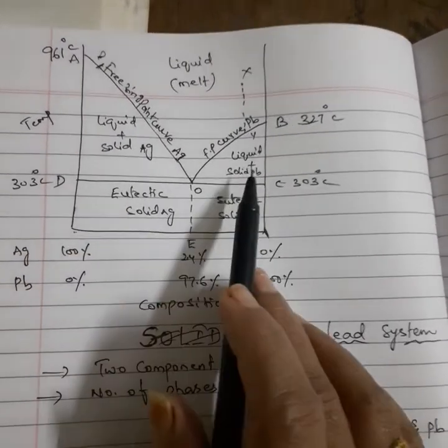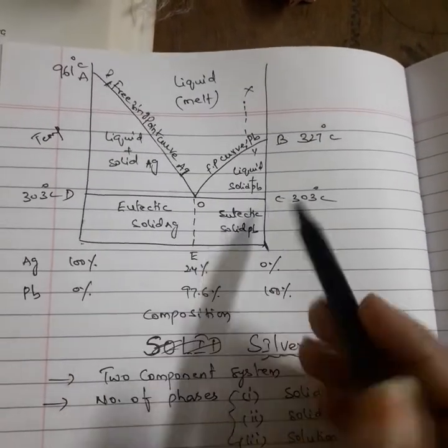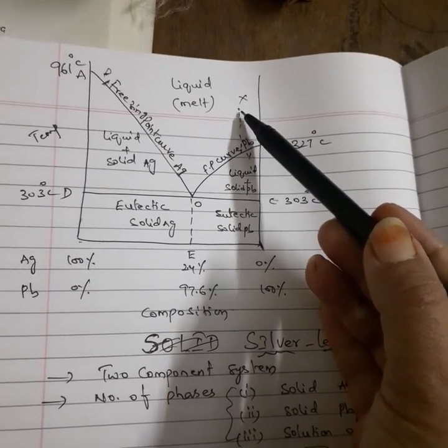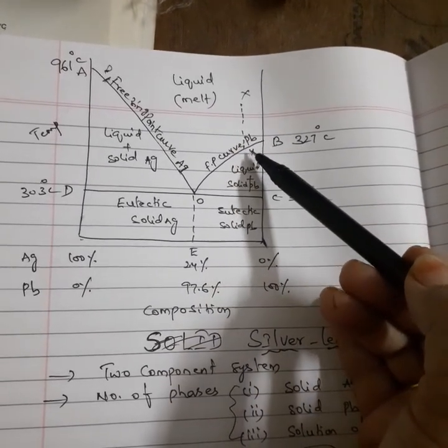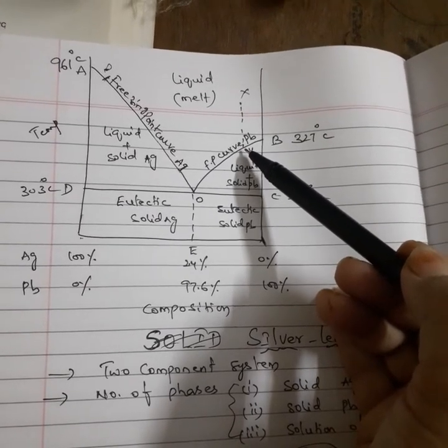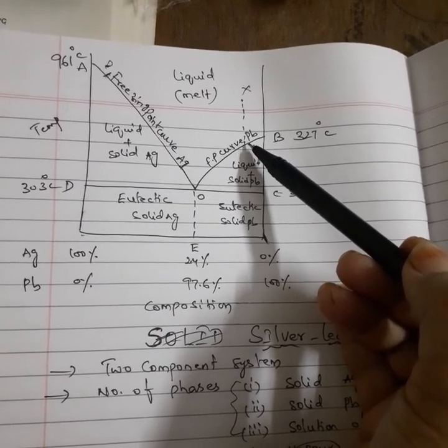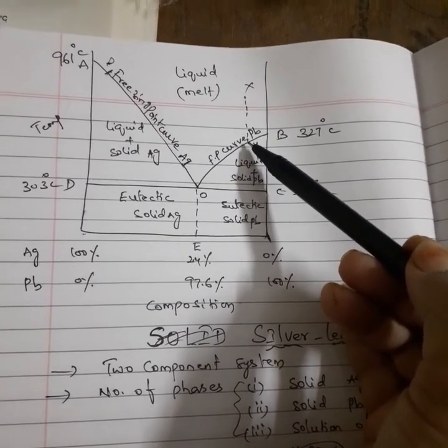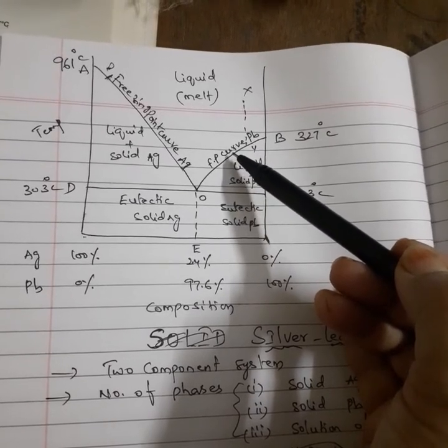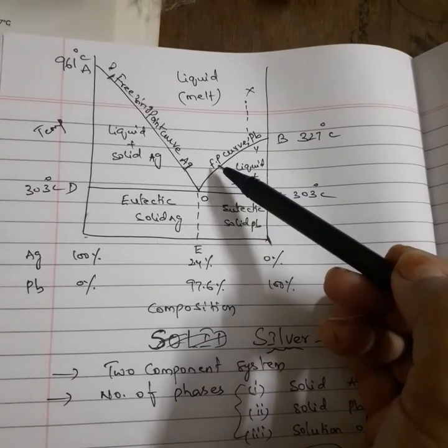Now the same explanation applies to the BO curve also. I am considering any point here where both are in liquid form. When you slowly decrease the temperature and it touches the curve, lead starts solidification. Now suppose we add a little amount of silver; the freezing point of lead decreases, and the temperature is decreasing, so more lead changes into solid form.